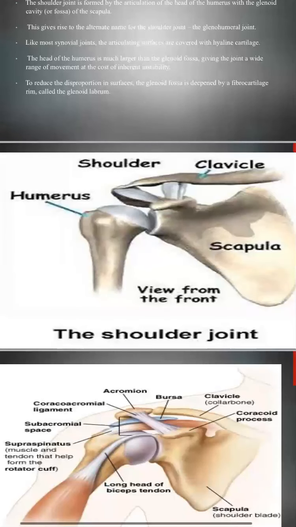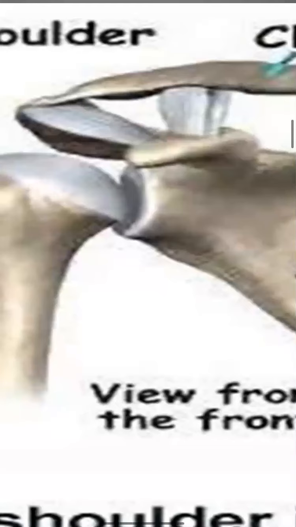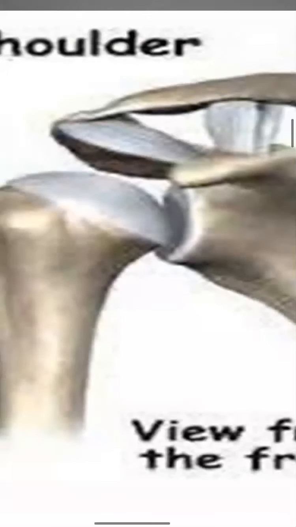We know that this is the glenoid cavity and this is the head of the humerus. There is no equality. The head of the humerus is very large compared to the glenoid cavity, in order to provide more mobility.